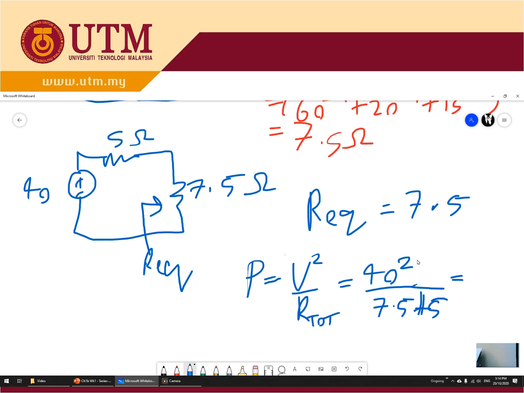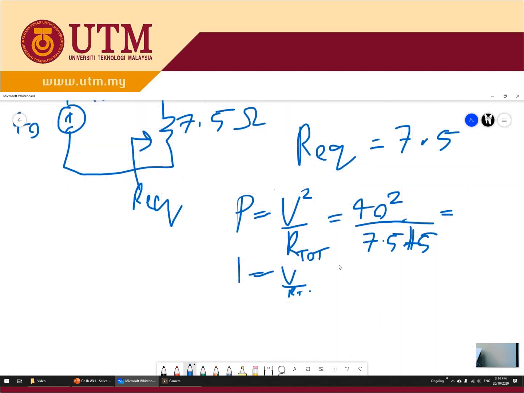Or if you want to get the I first, it is also okay. I equals V over R total. So V is 40 divided by 7.5 plus 5. So this one is 3.2.